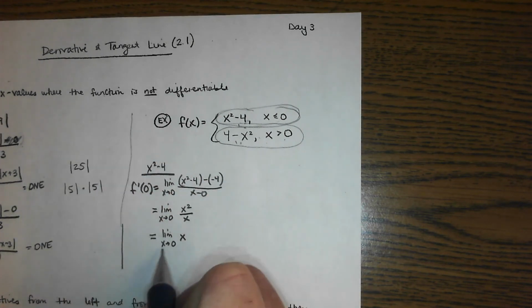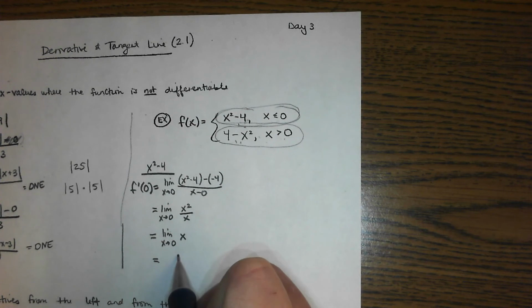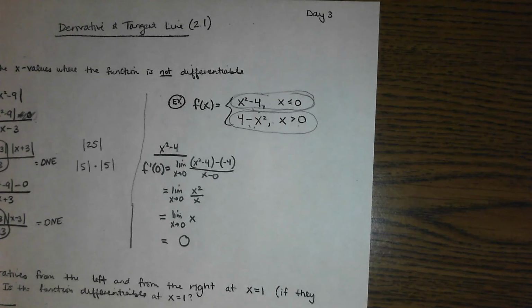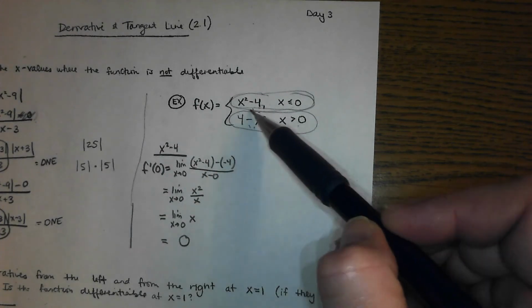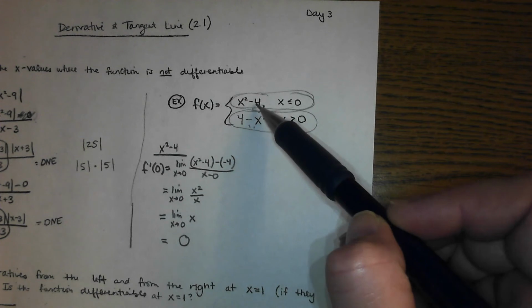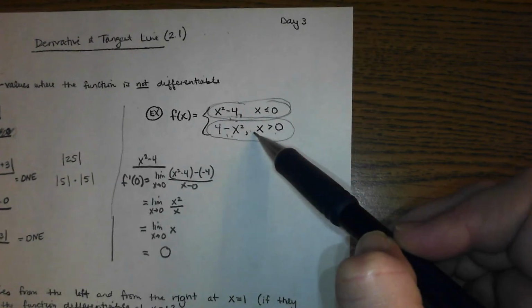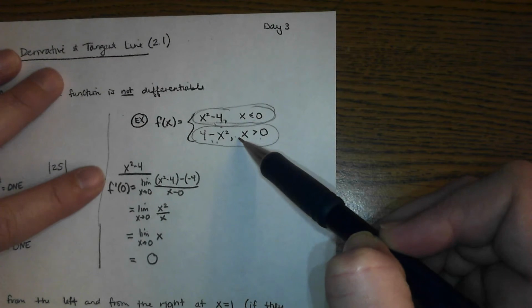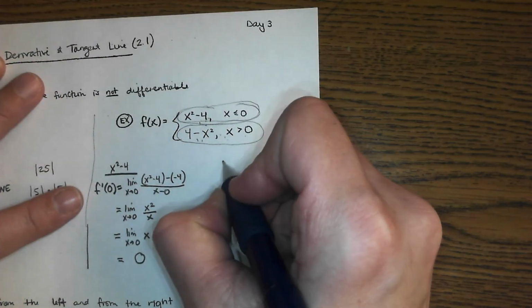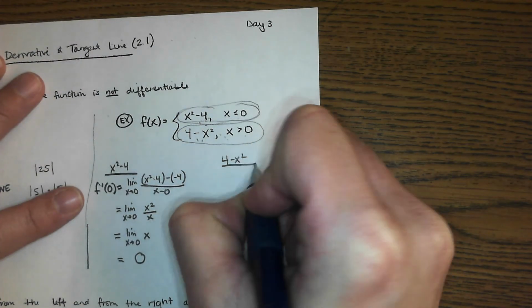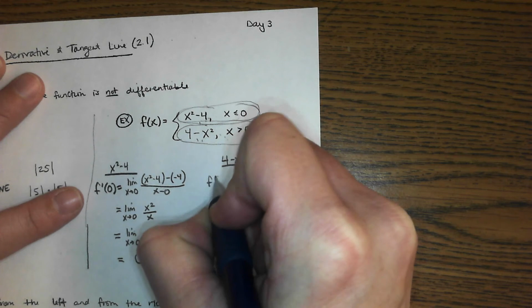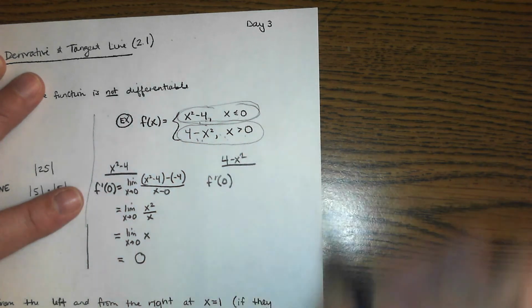And so what is this limit as x approaches 0? Trista? 0. You're just direct evaluating here. So wherever this function piece leaves off had a slope of 0. And then this one, wherever it starts, so 4 minus x squared is what we're testing now, we're going to find the slope of that at 0.